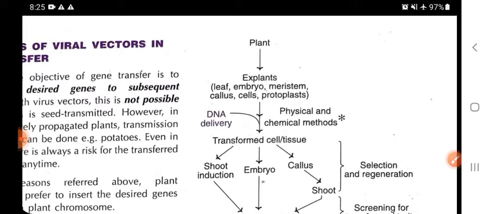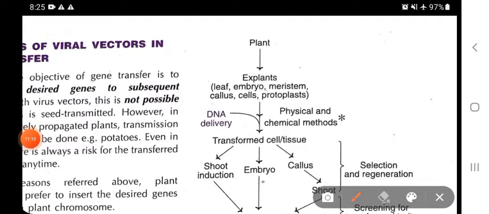Here a little bit has been shown of how plant cells can be transformed by this approach. Through tissue culture we take an explant from the plant, like leaf, embryo, or meristem, and we prepare callus, egg cells or protoplast.